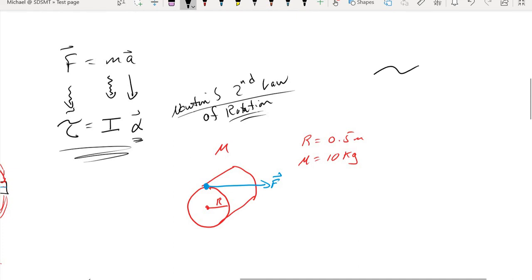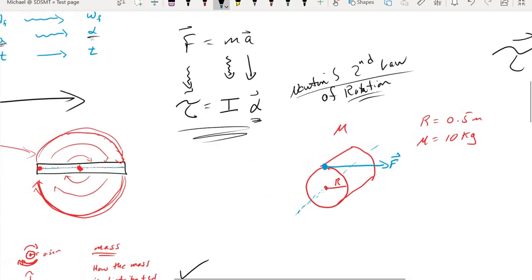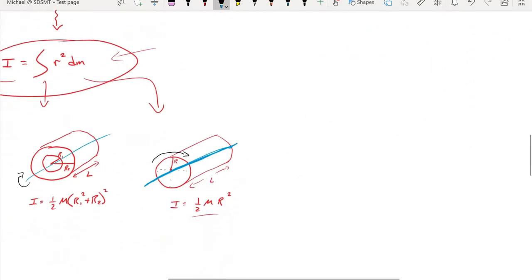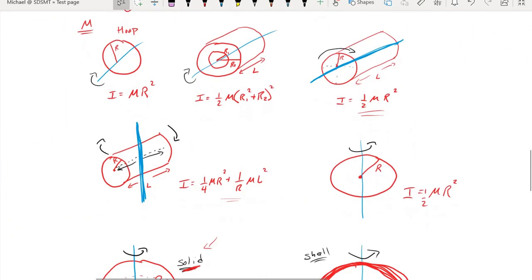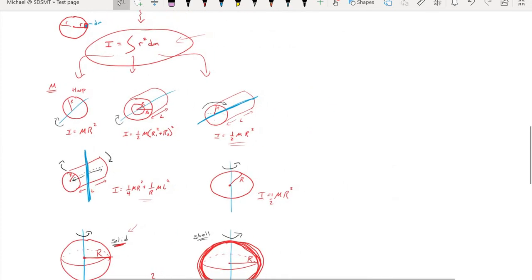But torque equals inertia times acceleration. I can look up the inertia of a rotating cylinder. I'm fully expecting that this cylinder will begin to rotate about its central axis. So I'll look up in the table what inertia best fits that situation, and it's going to be this one right here.